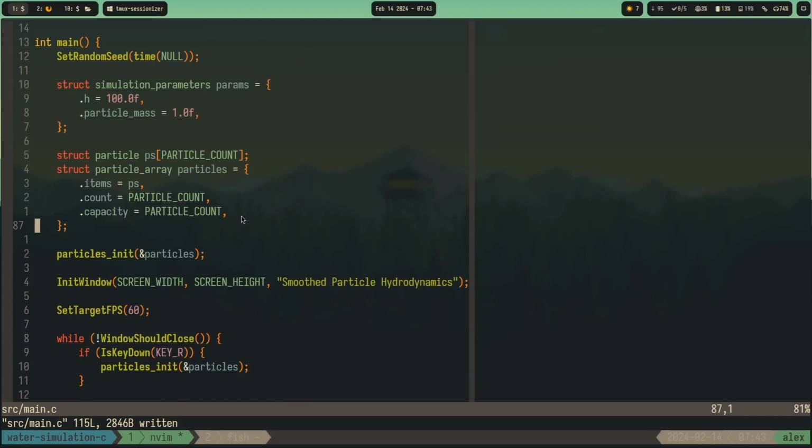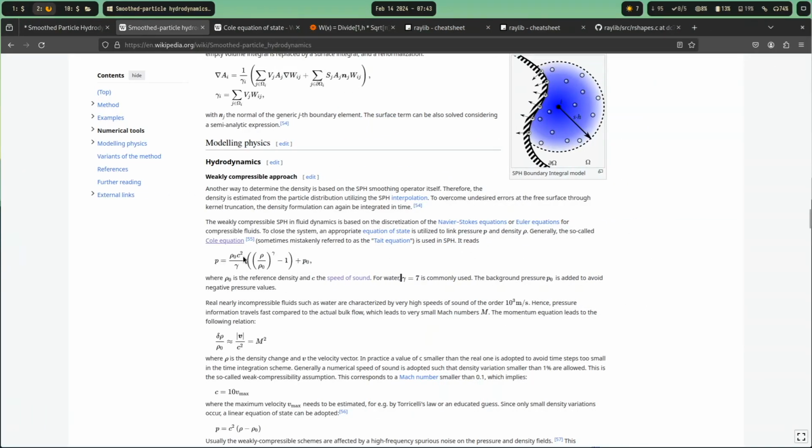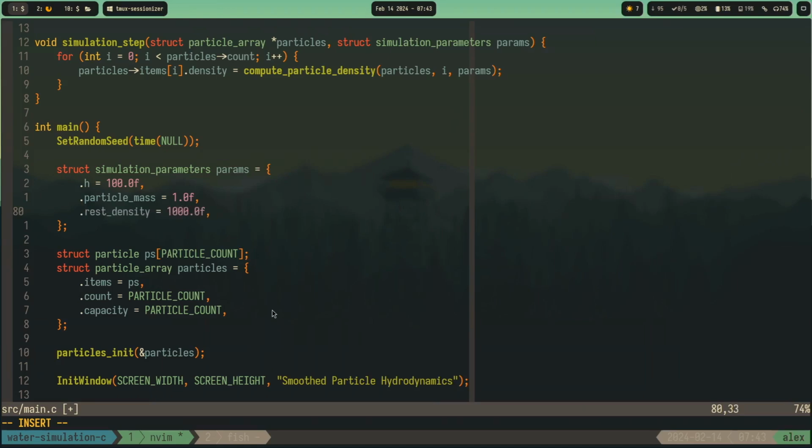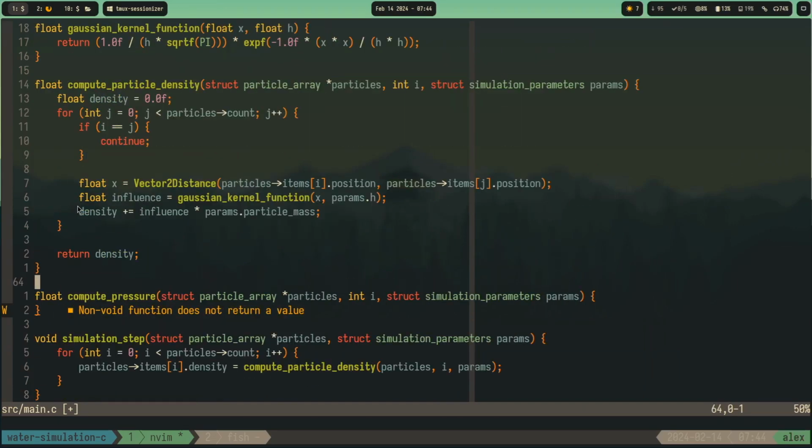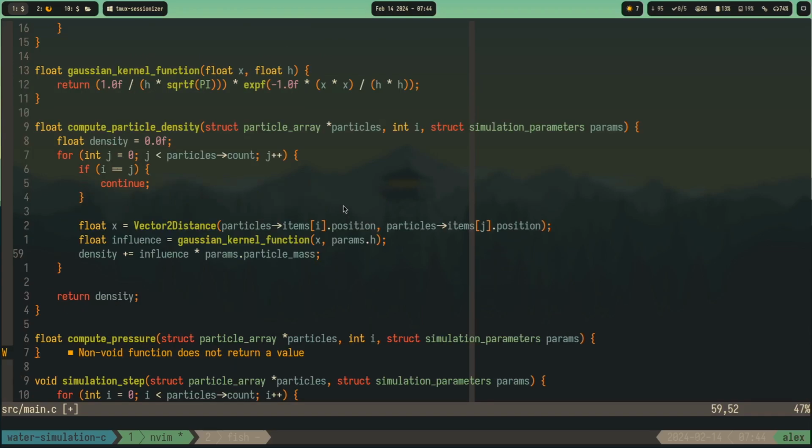Okay, so go here. We need the rest density. I mean, this is what's strange, because it makes sense to make it 1000, but we might need a multiplier for density, because let's say the distance, we take it in meters, right?